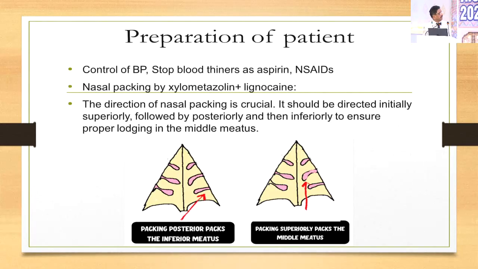If you are planning to go under general anesthesia, we should ask the anesthetist for any special tests which they need. Before doing DCR, one should put a nasal pack, because this nasal pack has a dual role. It will be soaked in adrenaline or xylometazoline along with lignocaine, and this will anesthetize as well as decrease the capillary congestion of the nasal mucosa, so there will be less bleeding.